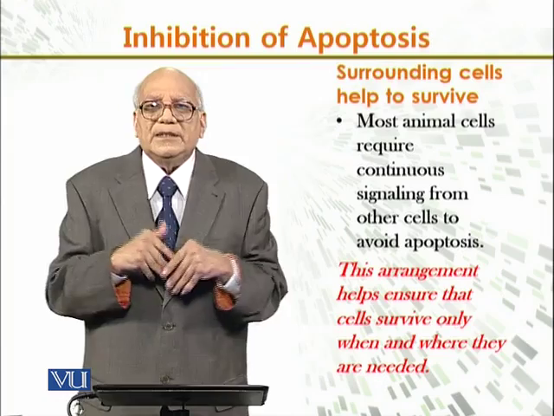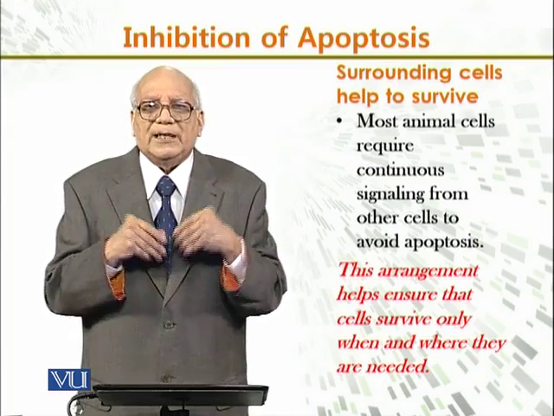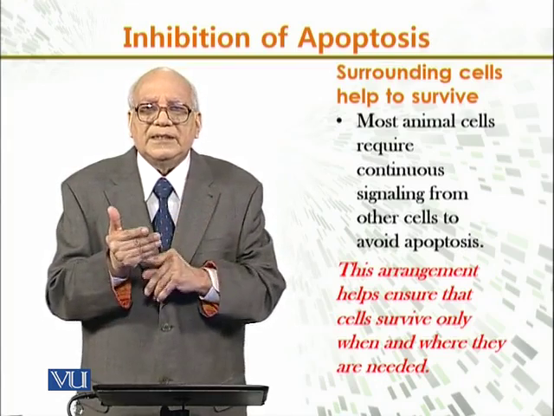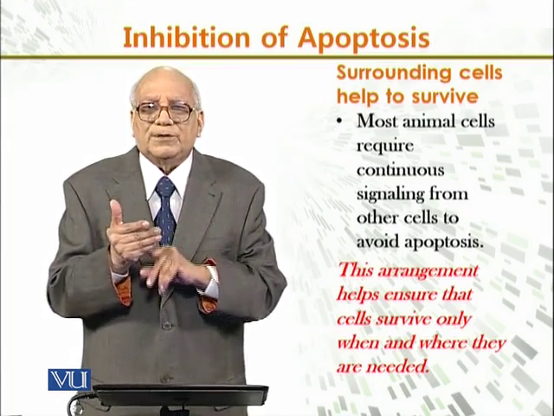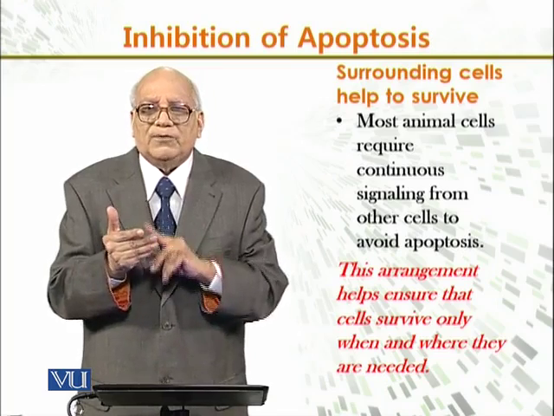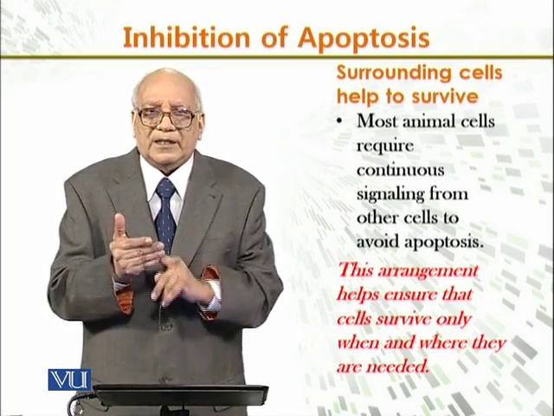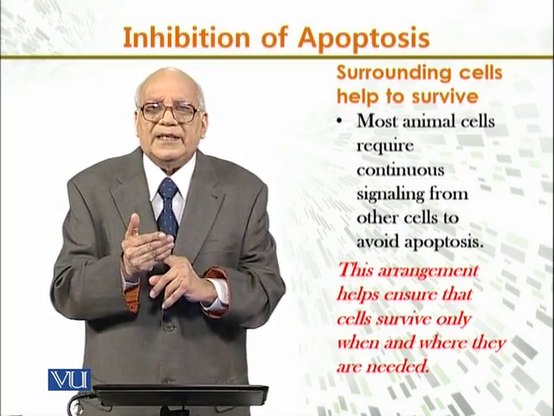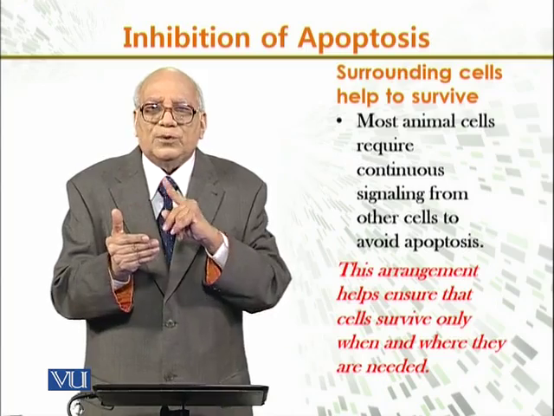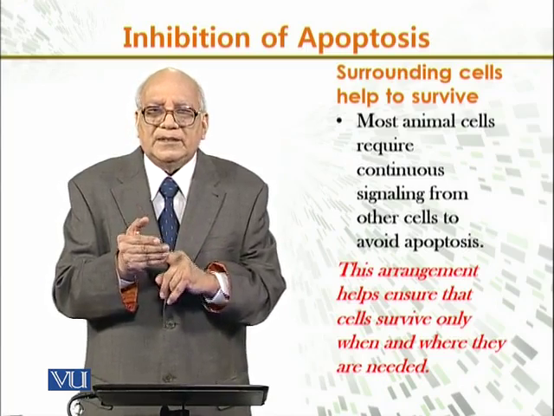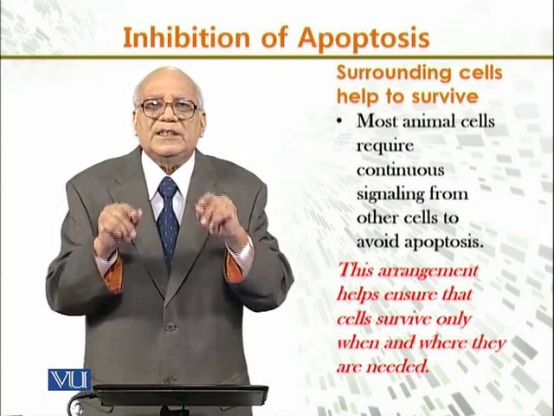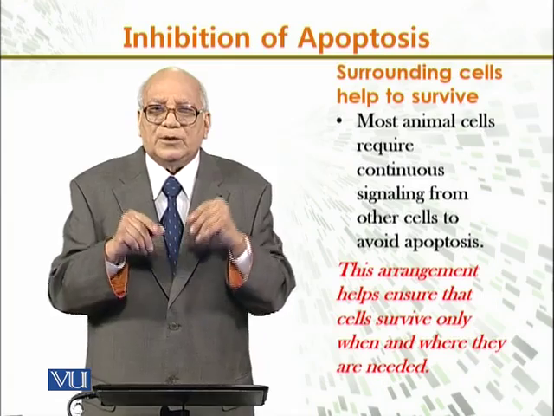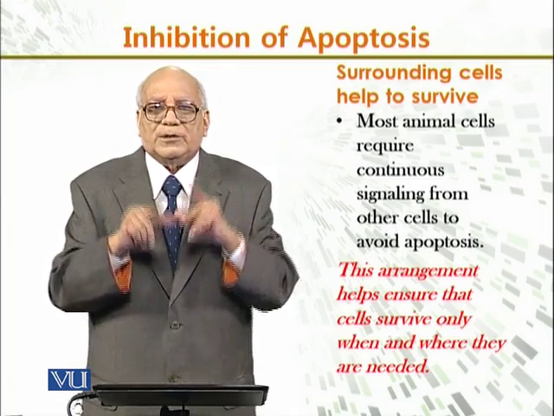Most animal cells require continuous signaling from other cells to avoid apoptosis, because the cells occur together in social contact. दूसरे सेल से continuous सिग्नल उन्हें आना चाहिए, so that they avoid apoptosis.